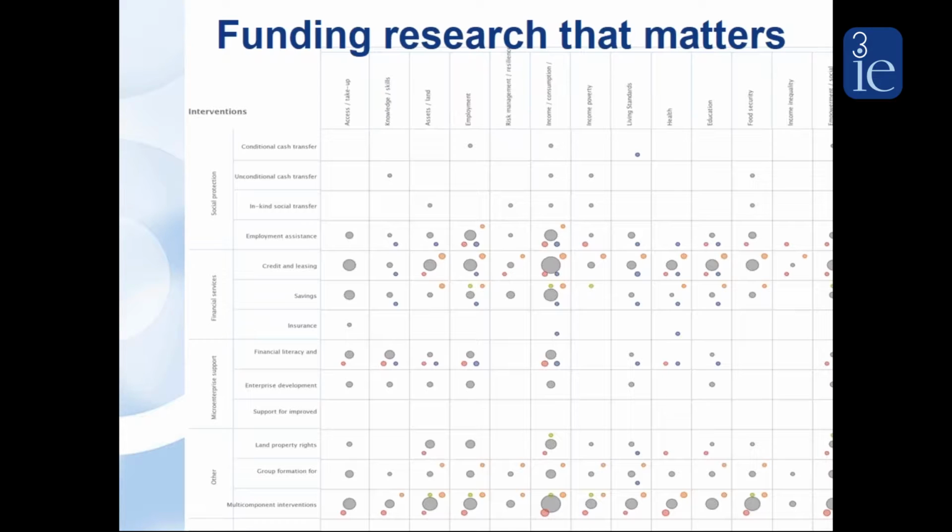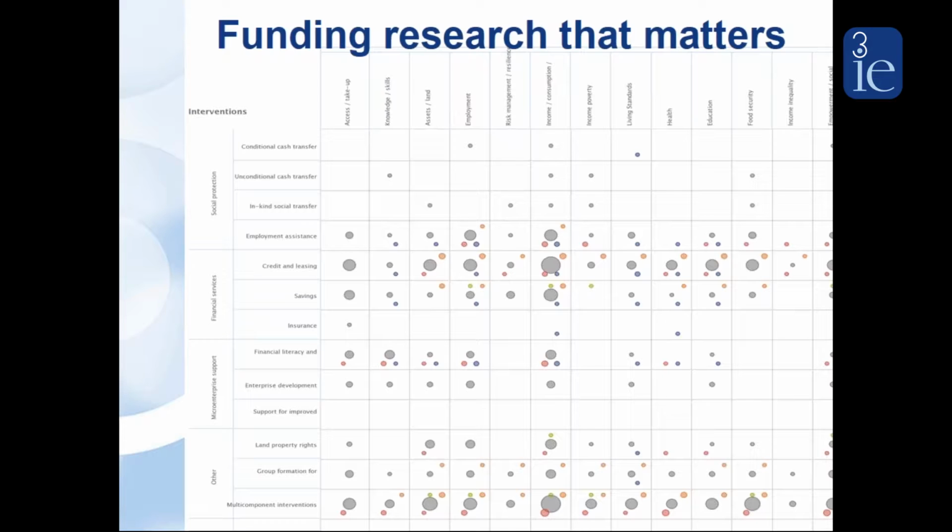We know that whilst there has been an increase in funding for impact evaluations and systematic reviews, the resources are limited, and so we want to make sure that we use those resources to fund important evidence gaps. And so the evidence gap maps help us do that by highlighting areas where there are few primary studies.